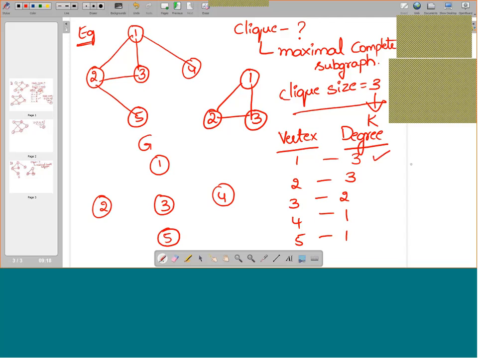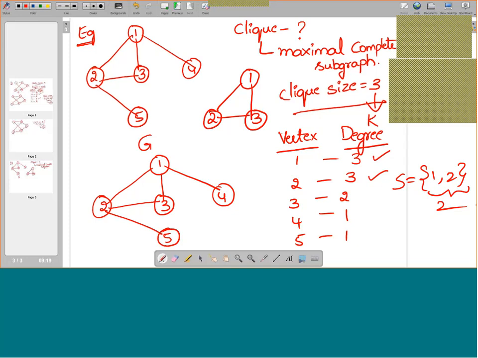The degree of 1 is 3, so we cover edges 1-2, 1-3, 1-4. Next, if we take 2, we can cover 2-3 and 2-5. So we can cover all the edges. So S equals {1, 2} and the node cover size is 2.